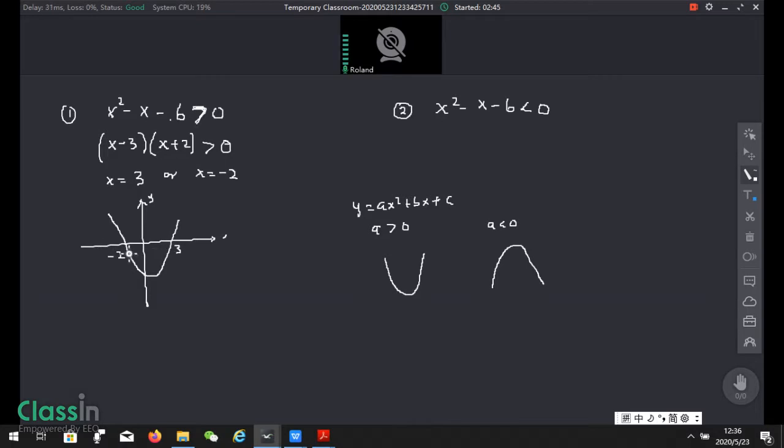All the portion of the curve below the x-axis is negative. So in this case, this expression is more than 0. So we expect this portion of the curve to be positive, and this portion of the curve to be also positive, because the y component of this curve is positive.